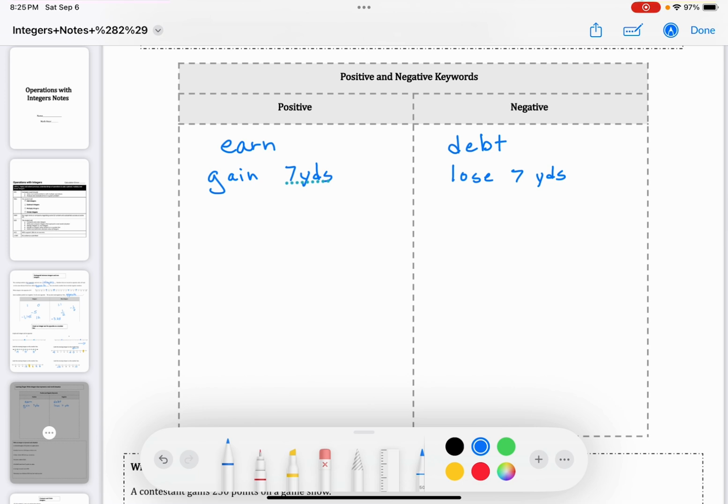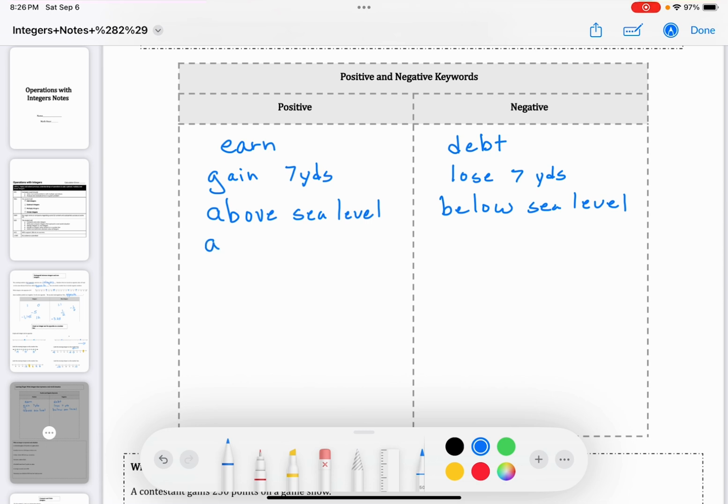Let's see. Also, if you were to be above or below sea level, or any starting point. It could be going up or down a mountain from a certain point.